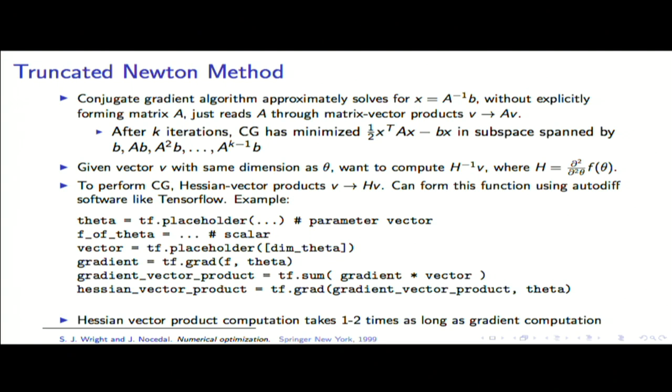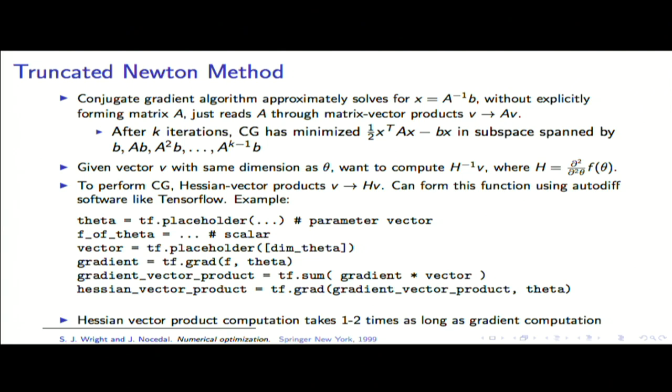In optimization, we want to compute H inverse V. If we have a vector V, we want to compute the Hessian inverse times V. In particular, if we want to do a Newton step, V is going to be the gradient, and we want to take Hessian inverse times gradient. So the question is, how do we do that with the conjugate gradient algorithm? To do that, we need to be able to take a vector V and compute the Hessian vector product HV.